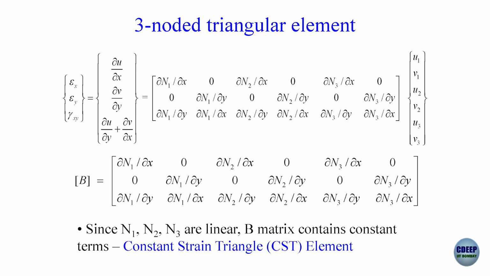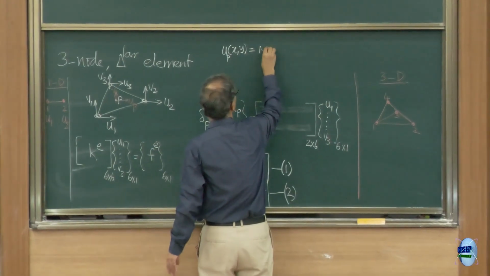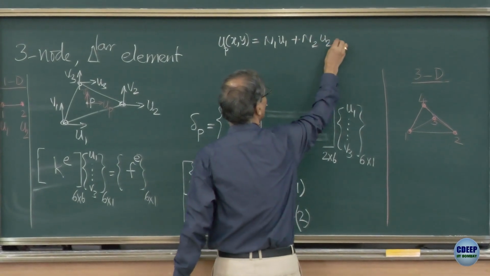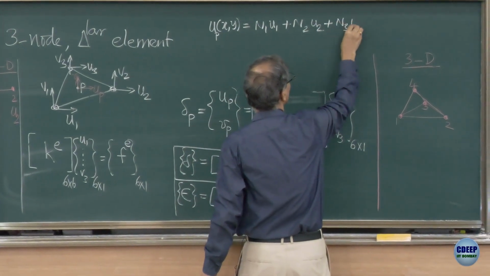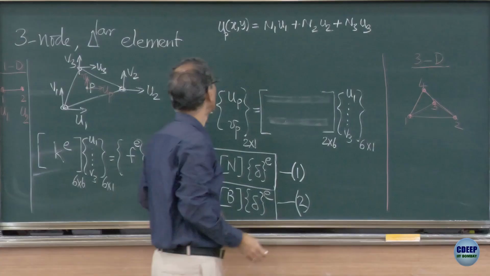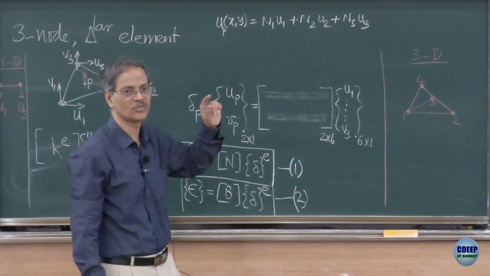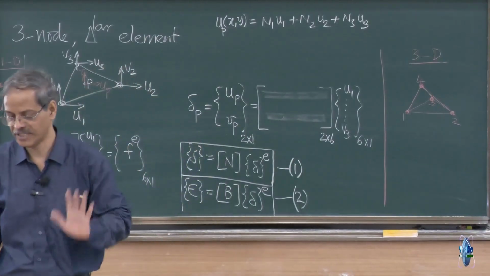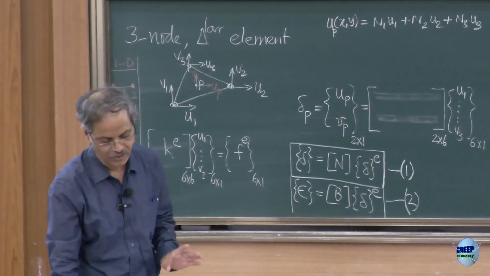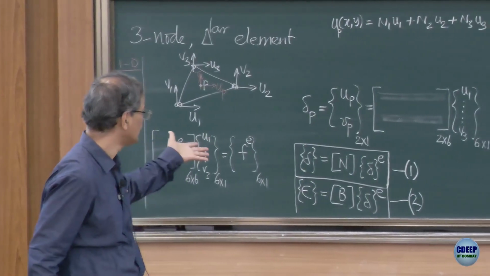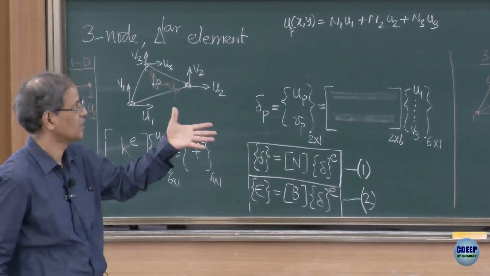If you expand this, u at any point p is n1 u1 plus n2 u2 plus n3 u3. So, therefore, dou u by dou x will be dou n1 by dou x, dou n2 by dou x, dou n3 by dou x. Fine? Is that okay? So, this will be a 3 by 6 matrix for this triangular element.